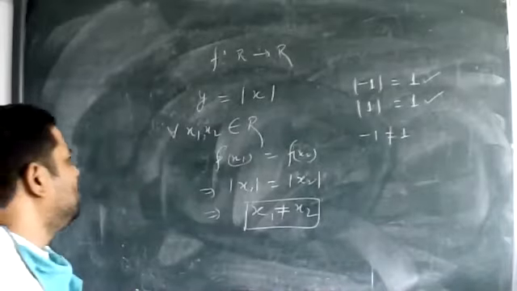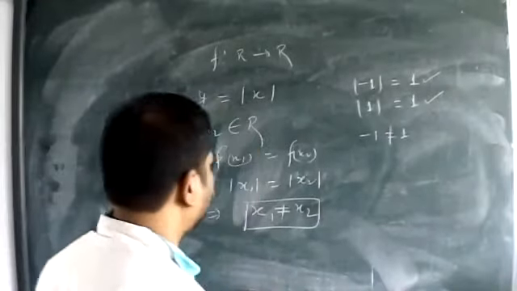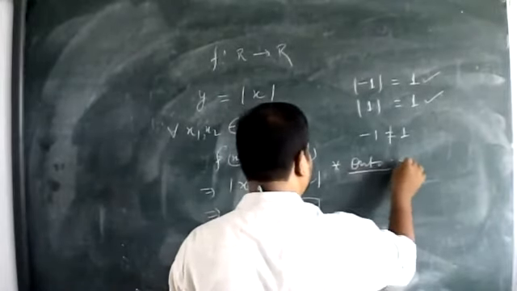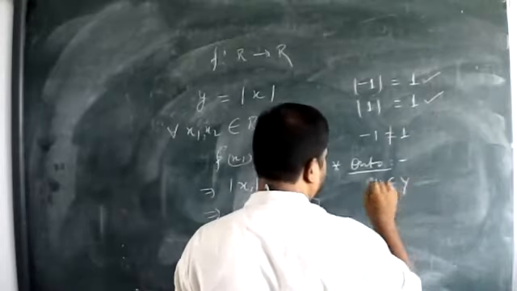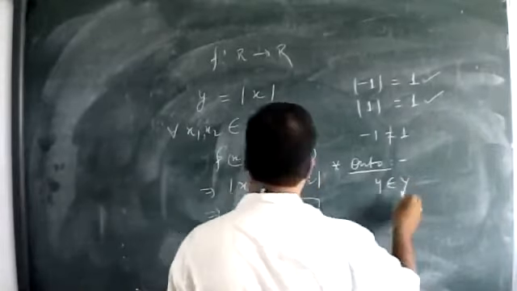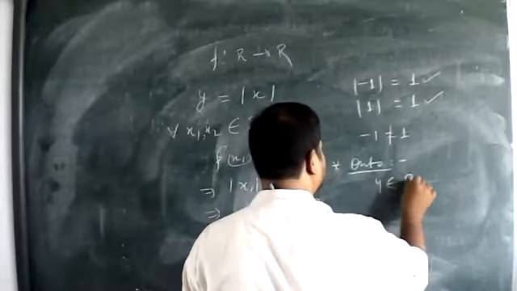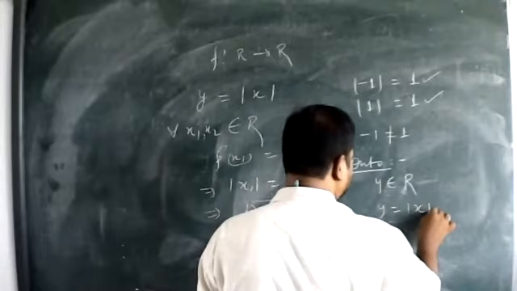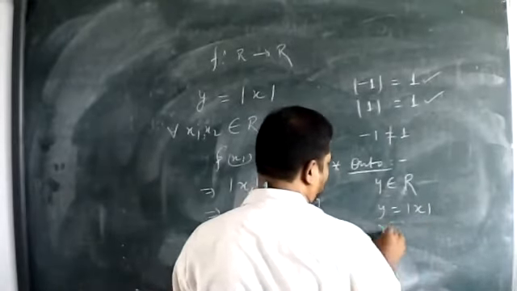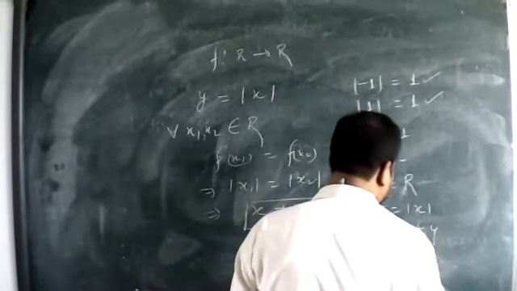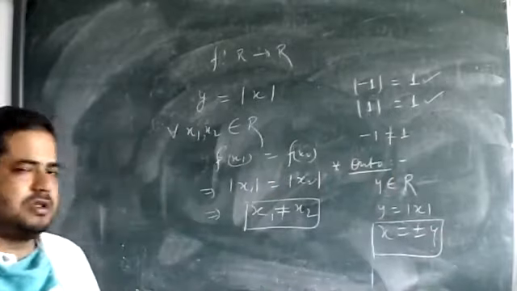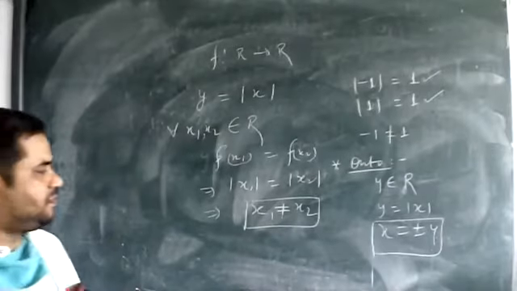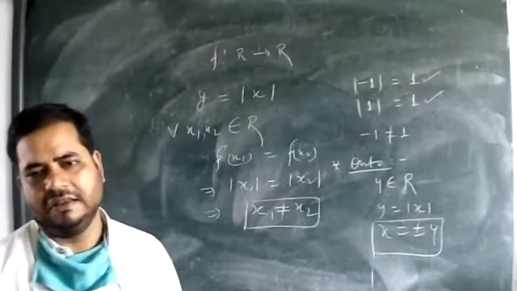So for onto, what is the procedure? For surjectivity of the function, the procedure is: y belongs to the codomain. Okay, y belongs to R, that means real numbers, because the function is from real numbers to real numbers, and y is equal to mod x. Now x in terms of y: see here, if y is equal to mod x, then what is the value of x? x is nothing but plus minus y.